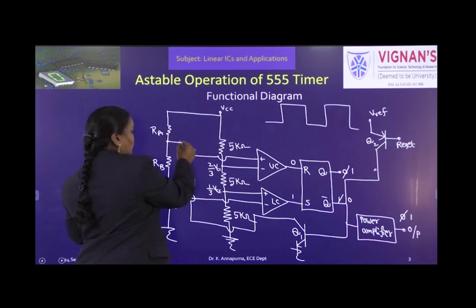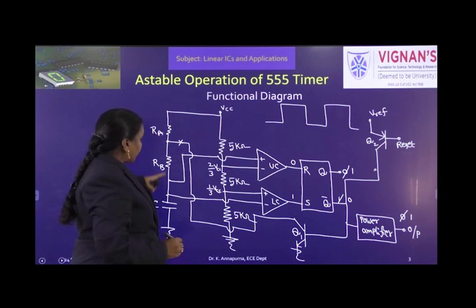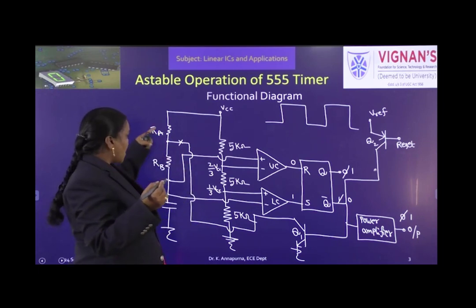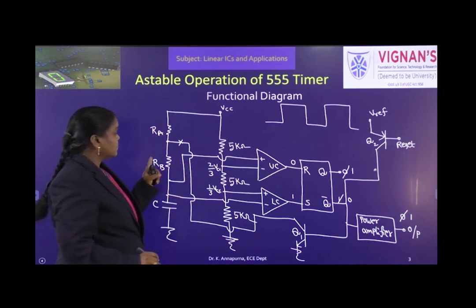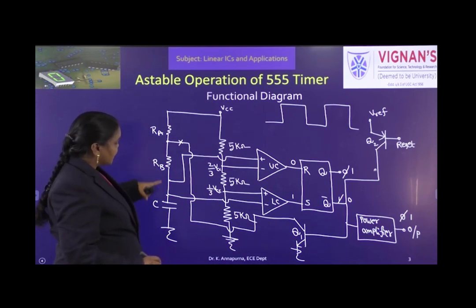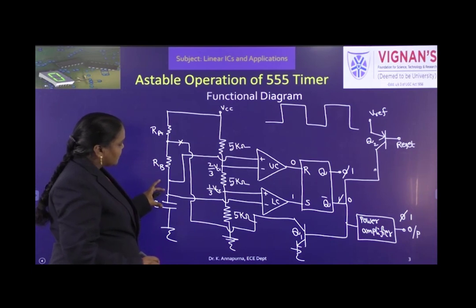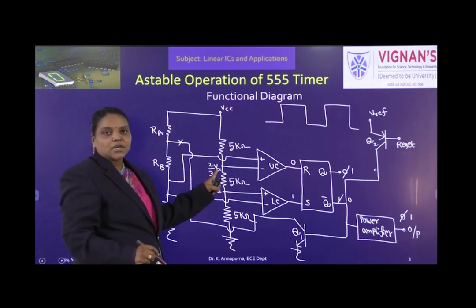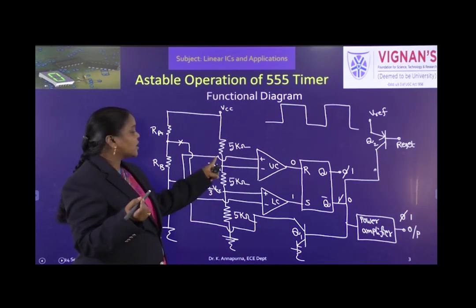Whenever this becomes open, this capacitor starts charging towards VCC through RA and RB resistors, right? Then what happens when it is charging? At some point of time, this capacitor voltage will exceed 2/3 VCC.